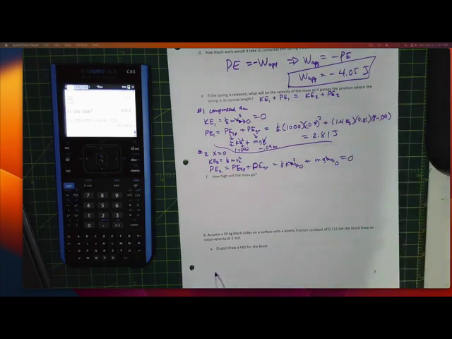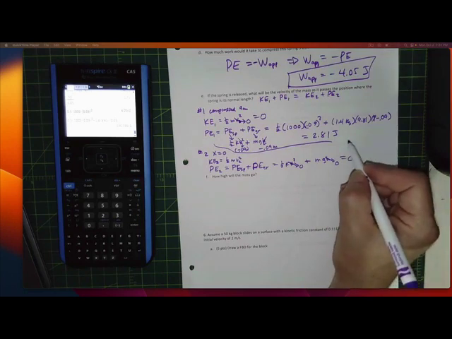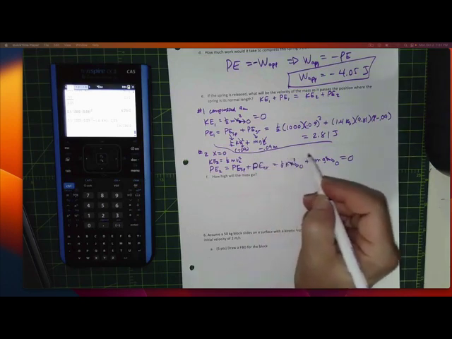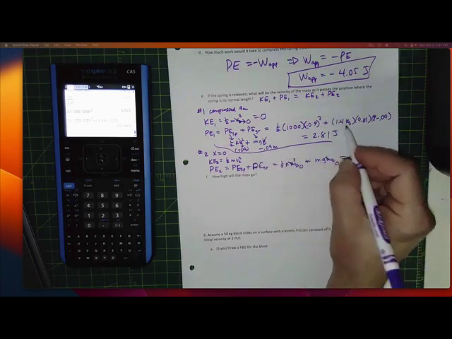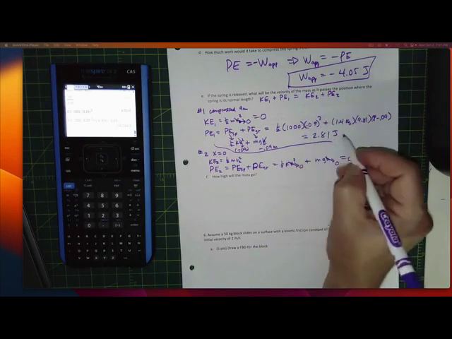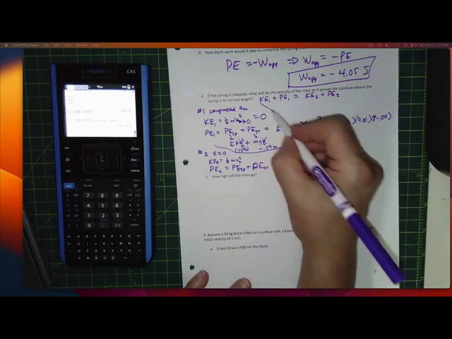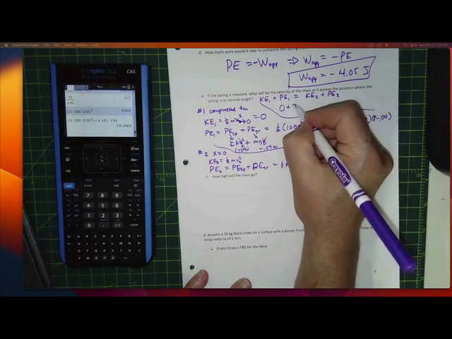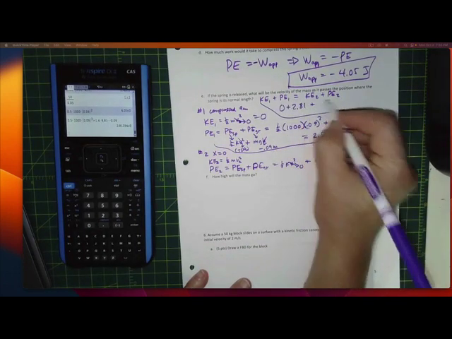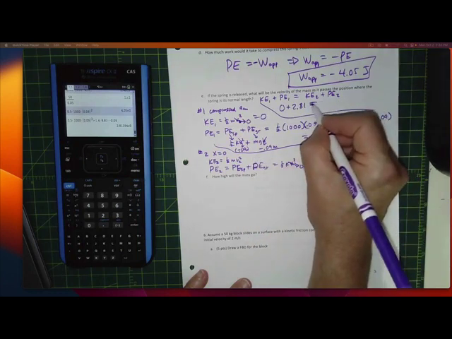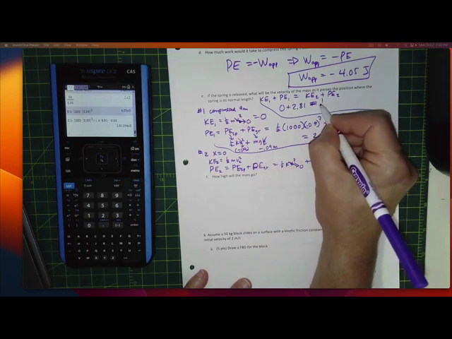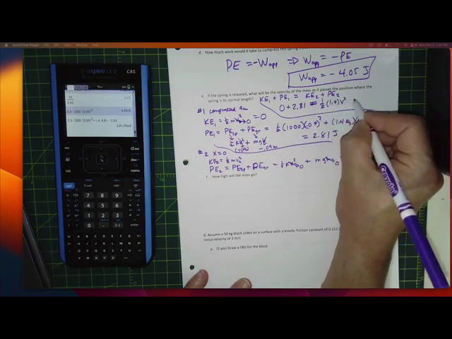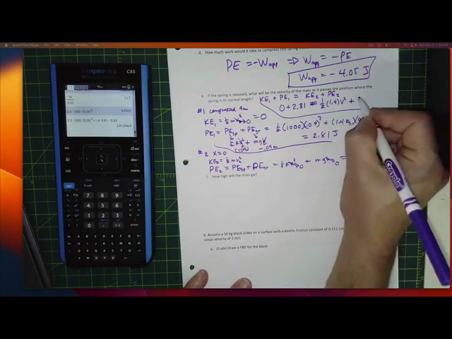Now we set these equal to each other. KE1 was 0, PE1 was 2.81, KE2 is 1/2 times 1.4 times v squared, plus PE2 is 0.